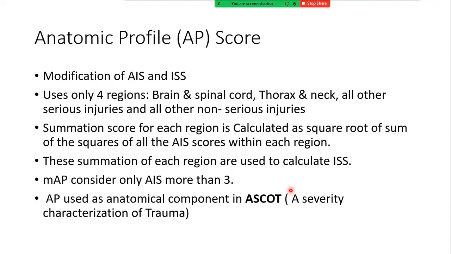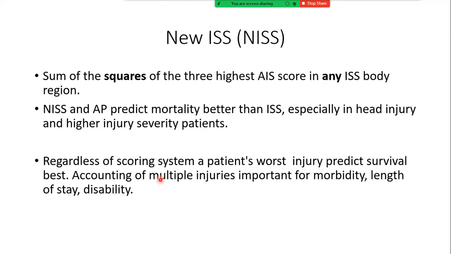So what is the anatomical profile score? Before telling you about it, we will tell you about the new injury severity score. This is also very similar to ISS. This is also the sum of squares of the 3 highest AIS scores.